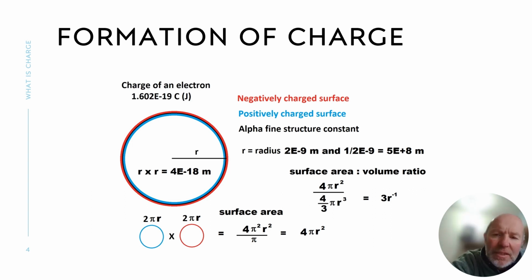What really matters is understanding the implications associated with the model, and the implications are that the electron has a surface, has a volume, and has a property of charge associated with that surface area.